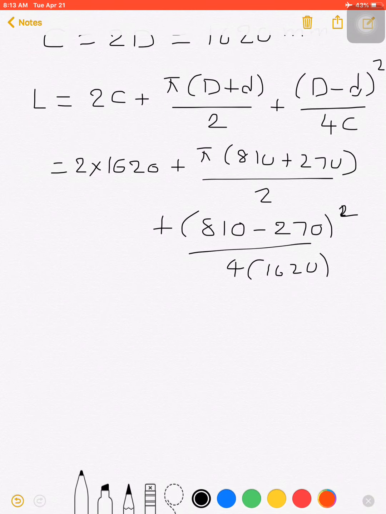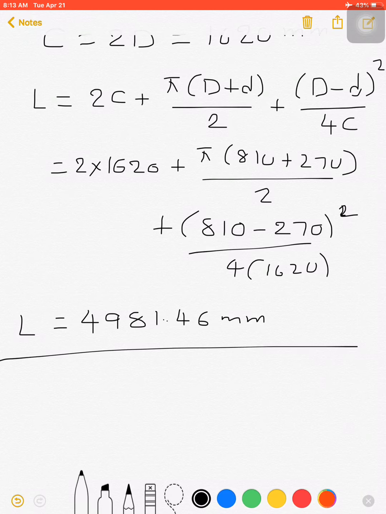If you simplify this, you will get the length of the belt drive as 4981.46 mm. Okay, this is the length of the belt.